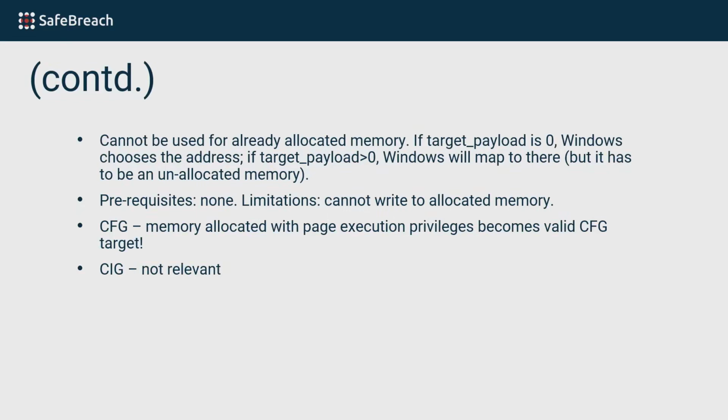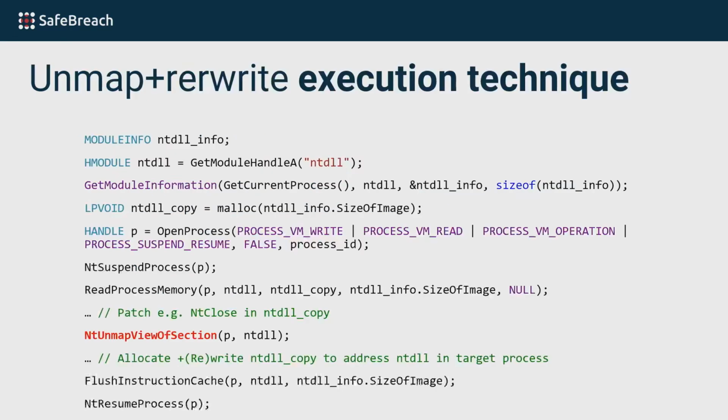And as for CFG, as I mentioned earlier, the memory allocated with page execution privileges becomes a valid CFG target, which is very neat. And here is a cute execution technique. It's what we call unmap plus rewrite, in which we unmap a prominent DLL in the target process.